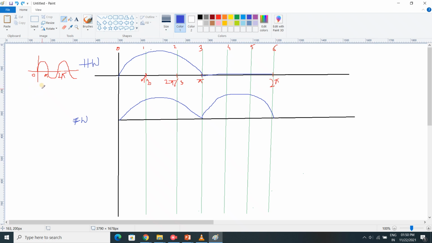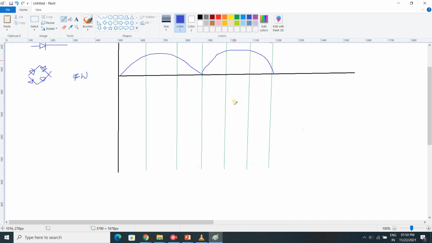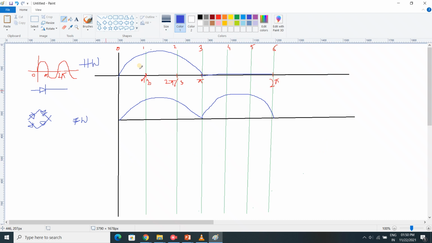If you are having only one diode, it will only rectify one particular peak value. The negative it cannot rectify. But if you are having a full wave rectifier bridge, it can rectify both.